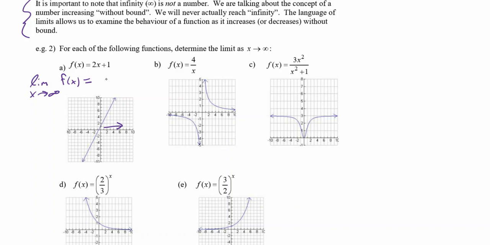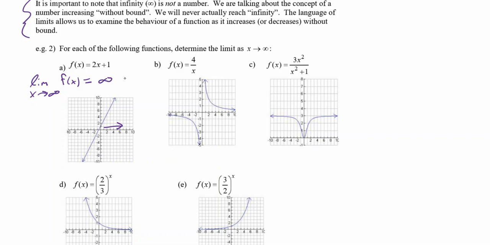But this relates to what I was just saying at the top. That is true, it is approaching infinity. But technically when we're talking about a limit, when we say we're approaching a number, we should be approaching a number in this case. So this is actually a weird thing in math. If you start Googling these things, different math professors would say that the limit as x approaches infinity of that function is infinity.